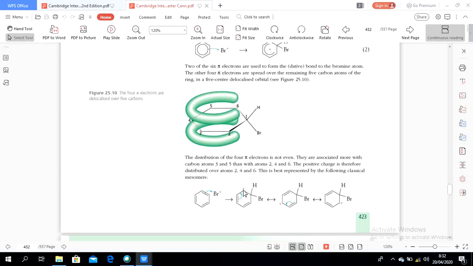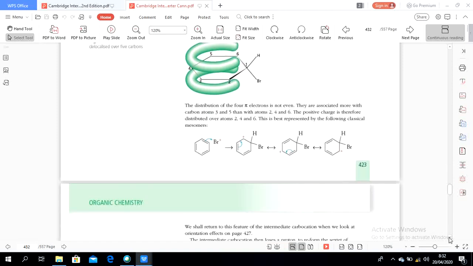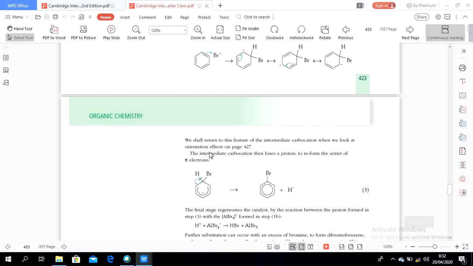It forms a positive charge, and then this electron goes here, and then it will rotate. This shows that the electrons are not stable. It can rotate. And we shall return to this feature in the intermediate carbocation later on, on page 427. The intermediate carbocation loses a proton to reform the sextet of pi electrons.